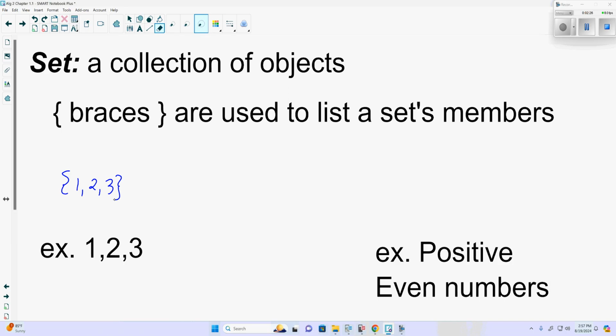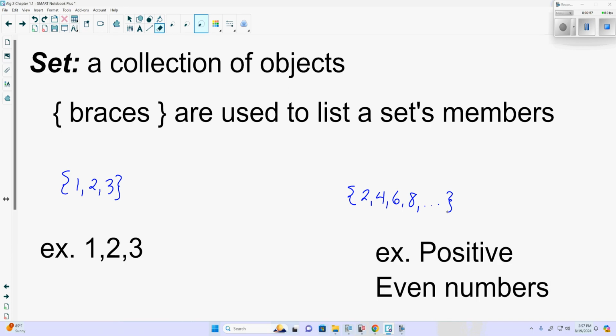Now, our other example is not finite. It continues on, because our positive even numbers, well, the first positive even number is 2, 4, 6, 8, dot, dot, dot. We use ellipsis points. That's technically what it's called.